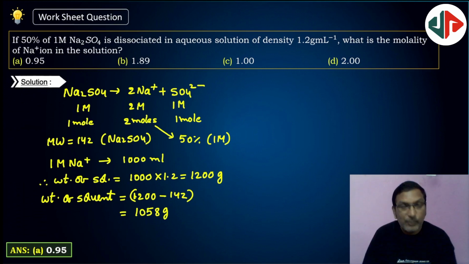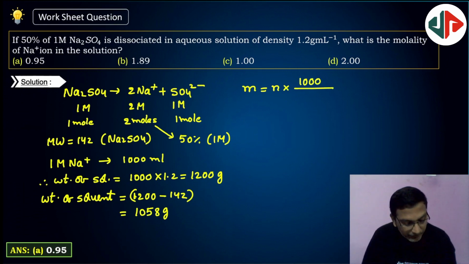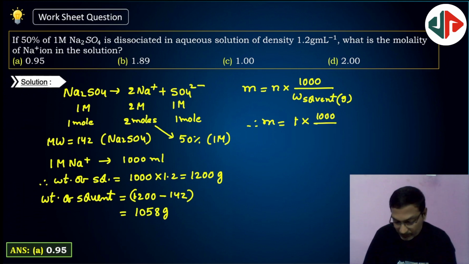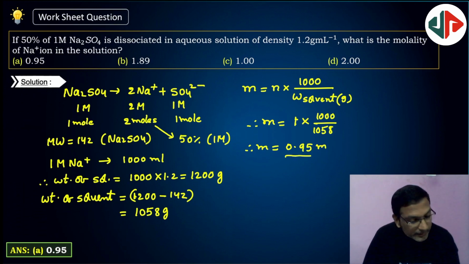So from this molality, small m equal to number of moles into 1000 by weight of solvent in grams. Therefore small m equal to Na plus 1 molar. Therefore 1 into 1000 by 1058. Therefore molality will be equal to 0.95 molar. So option A.